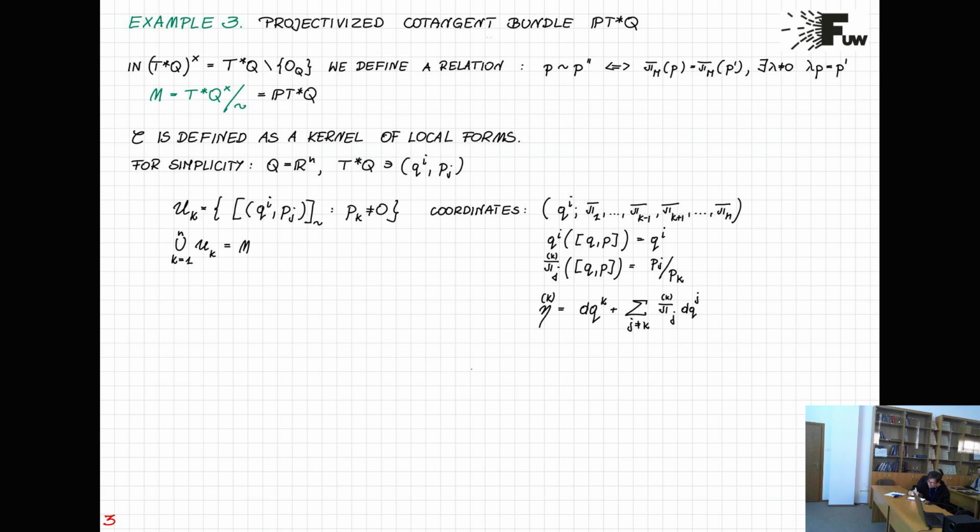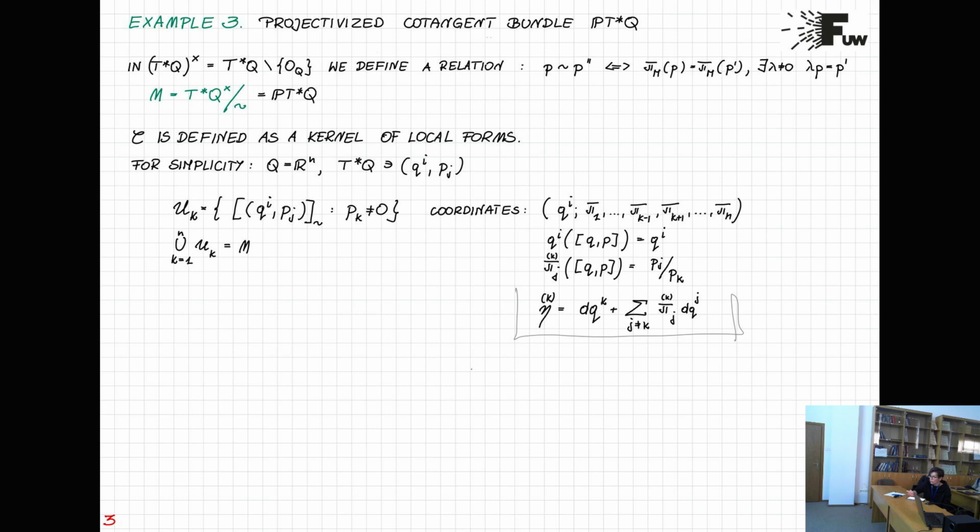And here we have our local contact form, which is defined within the chart. So it is again a non-vanishing form defined locally on U_k.